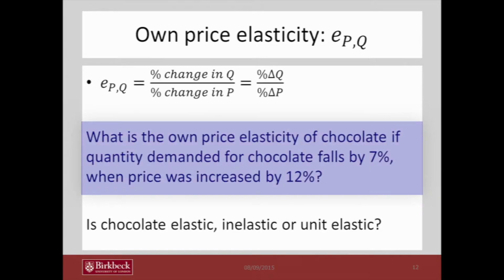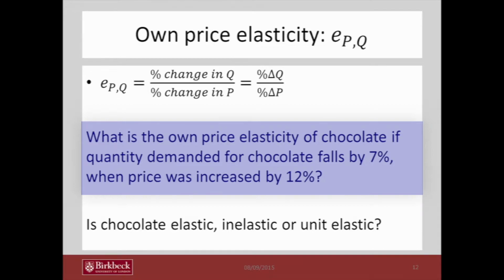So what is the own price elasticity? So I need to be able to calculate EPQ, that's what I need to find, of chocolate, if quantity demanded for chocolate falls by 7% when price was increased by 12%.